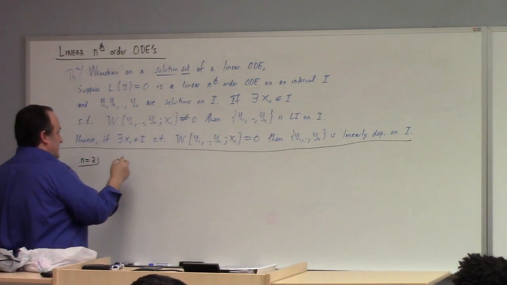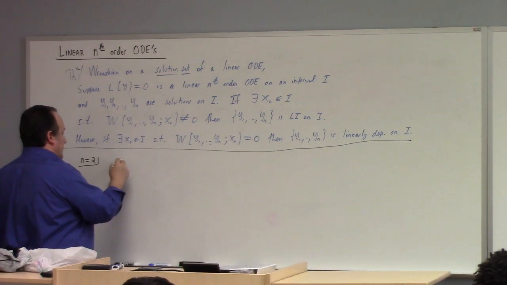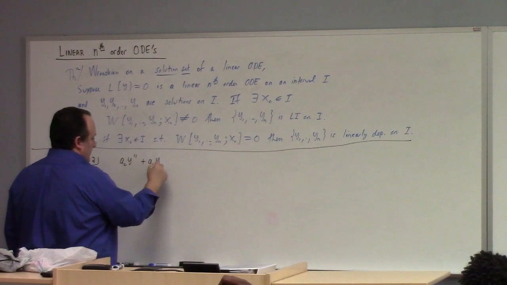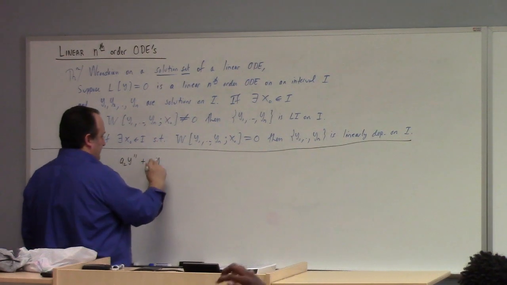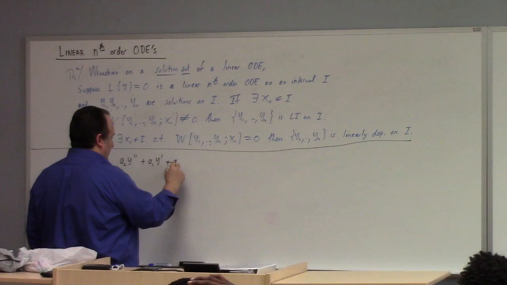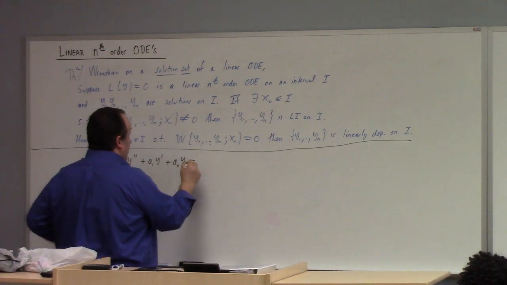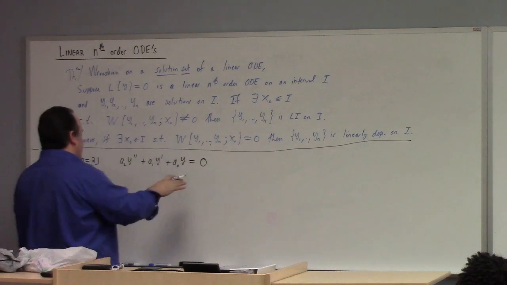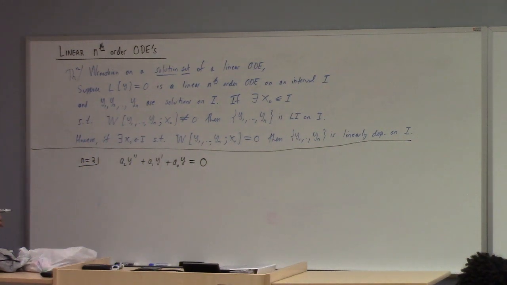So what we're up against is a2 y prime prime plus a1 y prime plus a0 y is equal to 0. We're studying the homogeneous second order problem, all right?